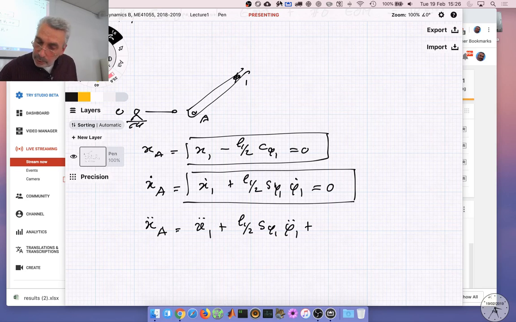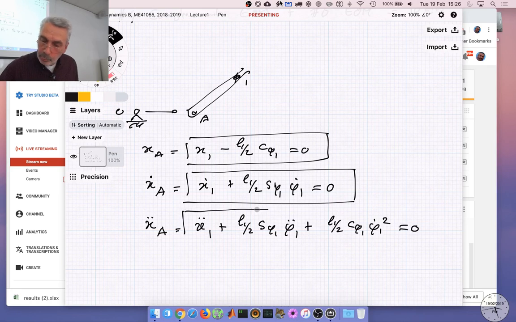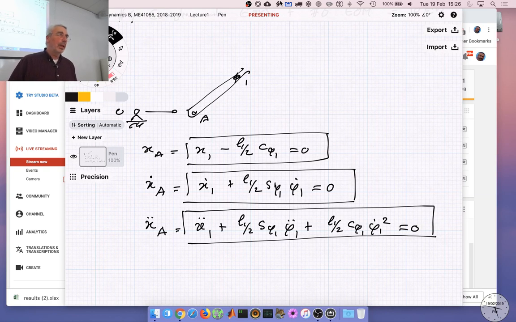And then I get plus L1 over 2 cosine phi 1 phi dot 1 squared is 0. And now finally I have my glue equation on the right level, expressed in terms of the accelerations and of course the angle, but suddenly we also get a speed term here. And that shows us that of course our equation was some force is mass times acceleration.